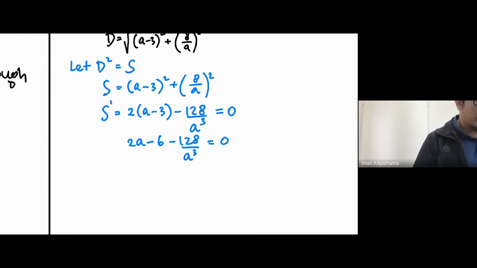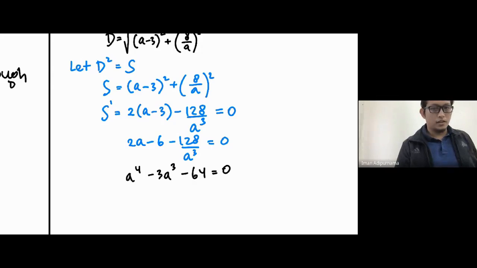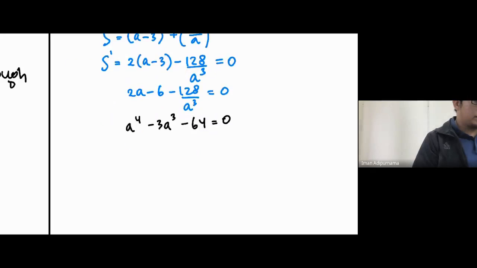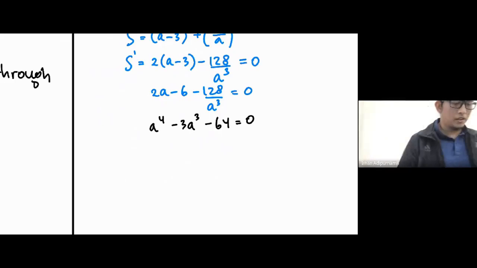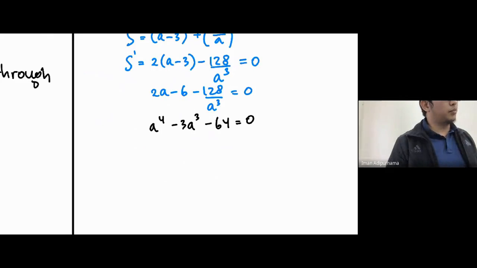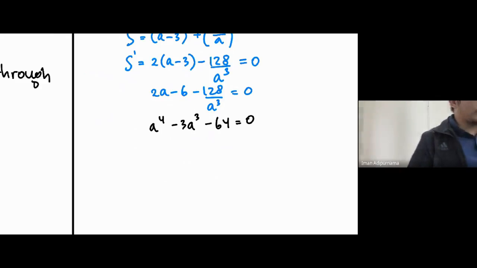So divide by 2 and multiply by a cubed. This will be a to the fourth. And you can check the polynomial. Okay? You can use polynomial division or synthetic division, checking the roots for the fourth degree.